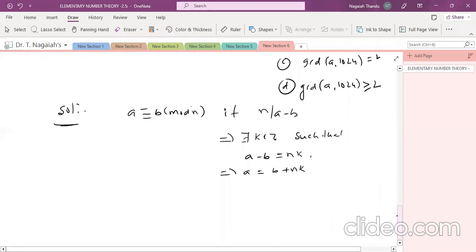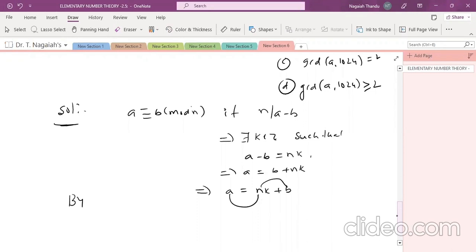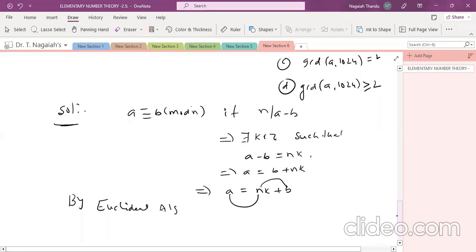Just when I discuss this one, this is also equal to A is equal to NK times of B. Now you observe here, it is in the form of A is equal to BQ plus R. GCD of A, N is same as GCD of N, B, by Euclidean algorithm.